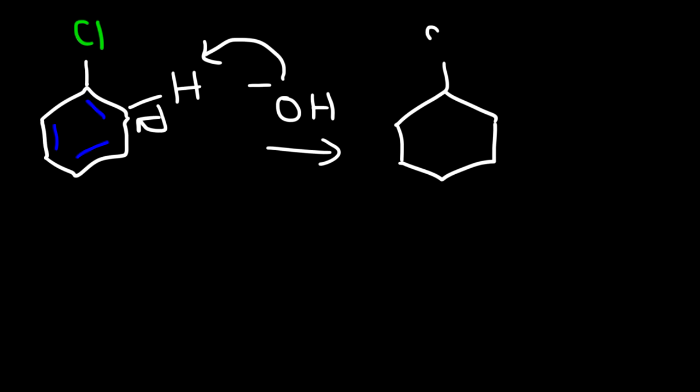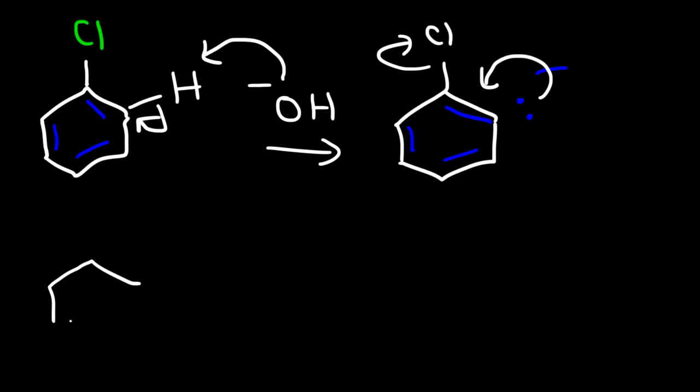And so we're going to get a negative charge on this carbon atom. And then once we have it, we're going to form a triple bond, and we're going to kick out the chlorine atom. And so this representation is known as the benzyne intermediate.